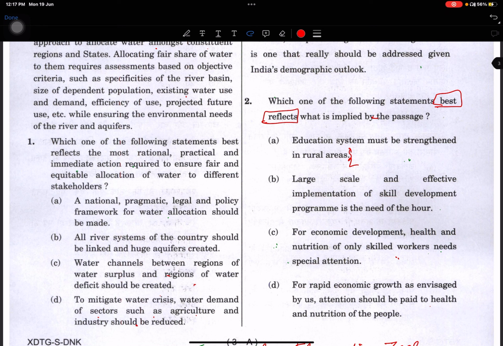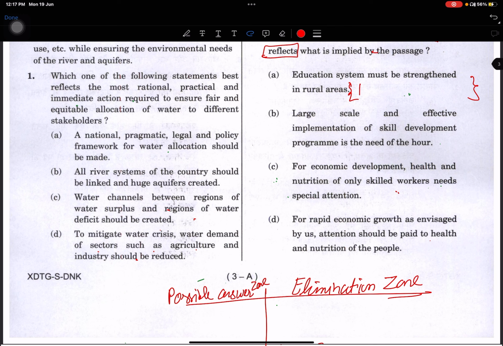What will be your suggestion? Without going into Sarv Shiksha Abhiyan and all the others, the most simple and common answer will be to improve their education system. So by going with that logic, this could be our answer. So option A will come into the possible answer zone.